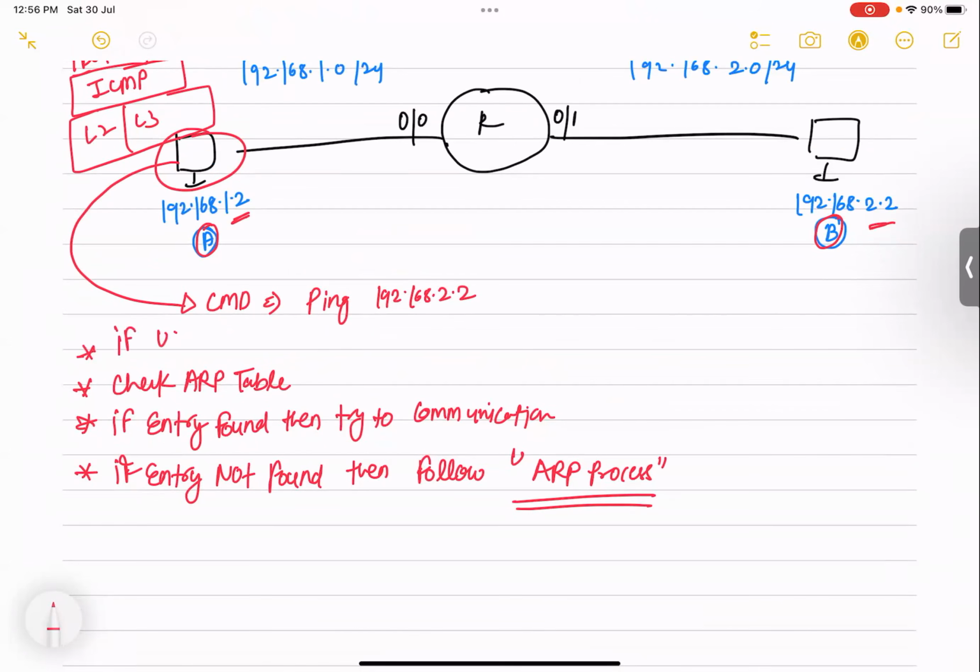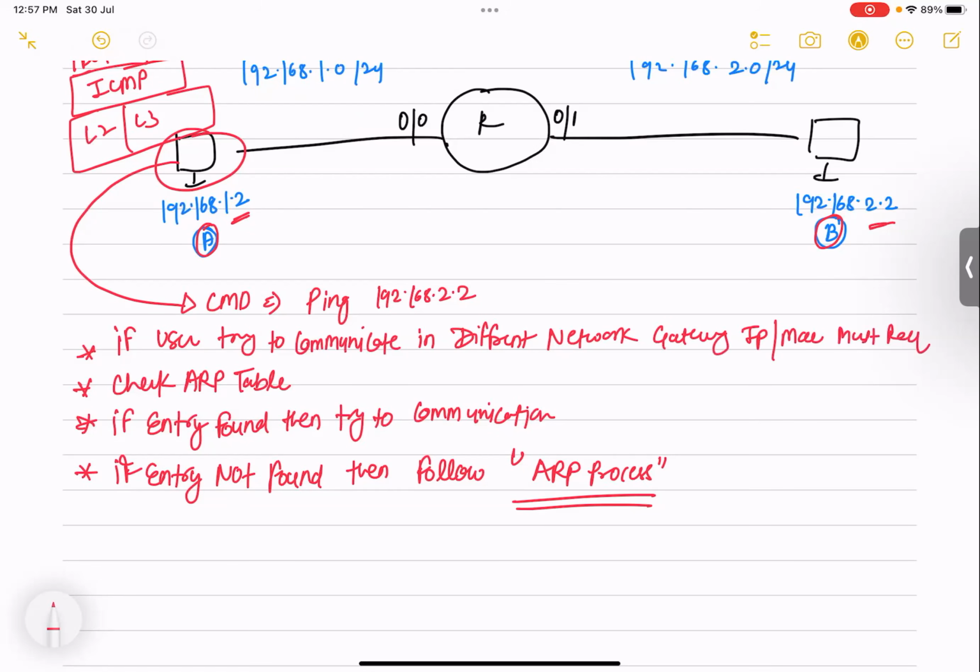If a user tries to communicate in a different network, the gateway IP and gateway MAC are required information.